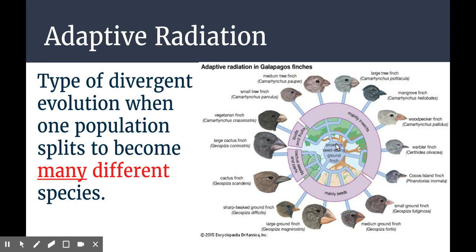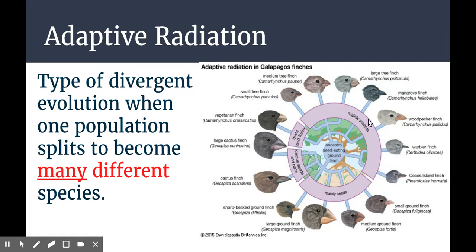This was one population. This population then got split up between lots and lots of different islands, and each of these different islands had their own food and they had their own native habitats. And so the birds, this initial population that was all the same, over time adapted based on the conditions of their specific island.